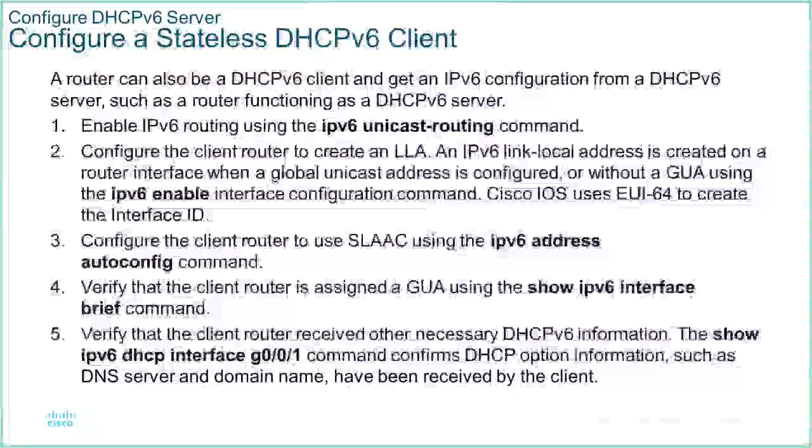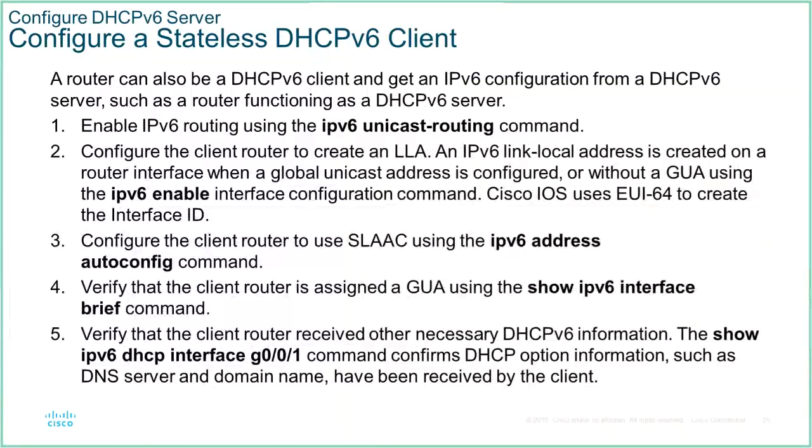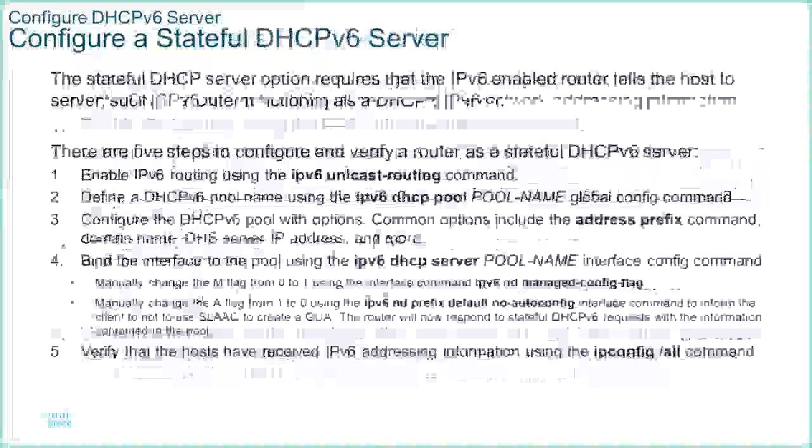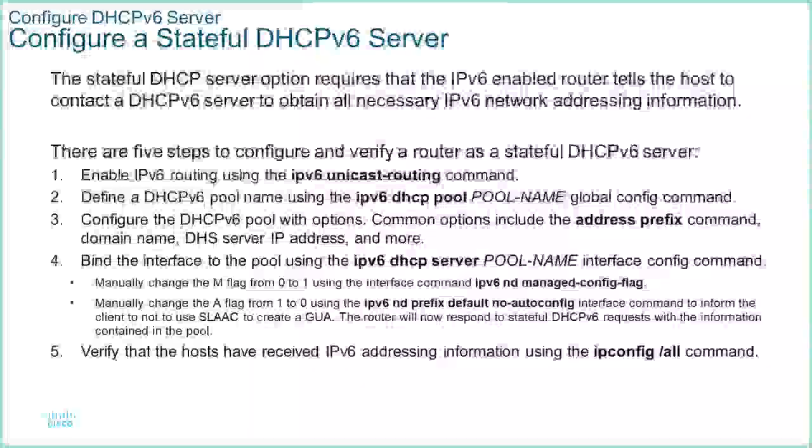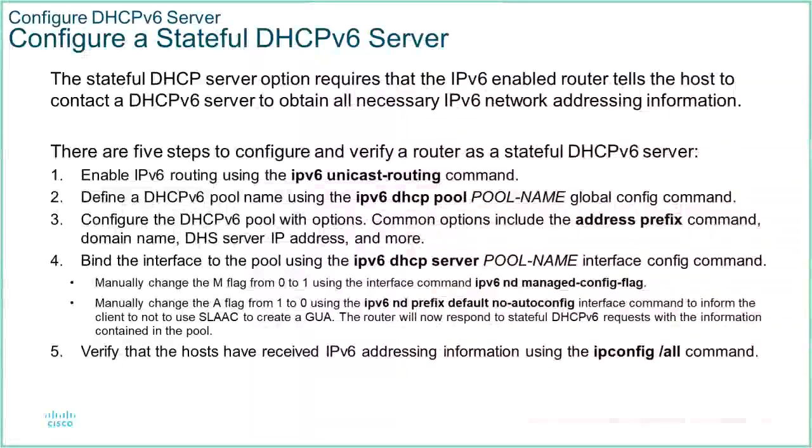Remember, we are assigning DHCP services by interface, so we need to specify which interface we want to look at for the DHCP. Under stateful, we're telling it to use IPv6 again. We're giving it the DHCP pool name, and we then configure its common options as per the address prefix.